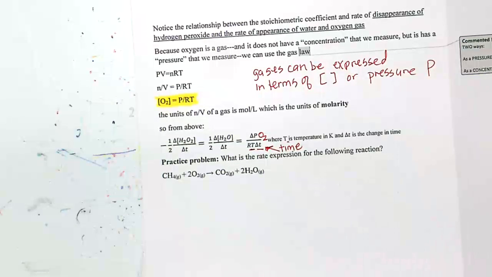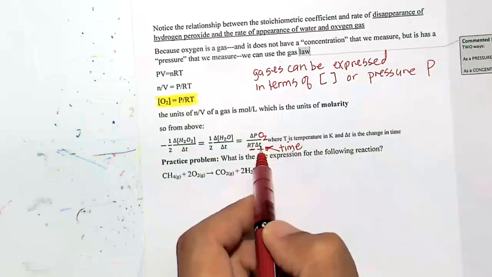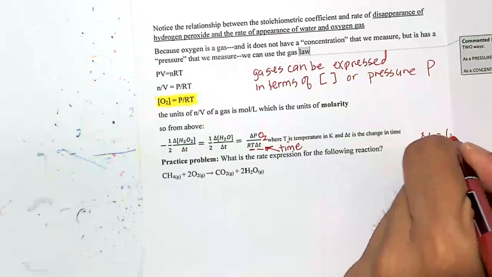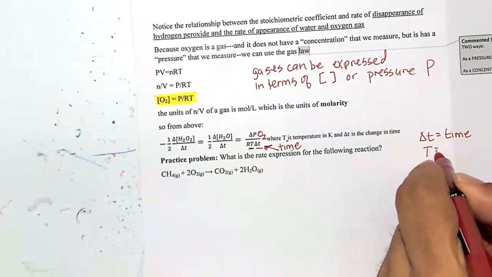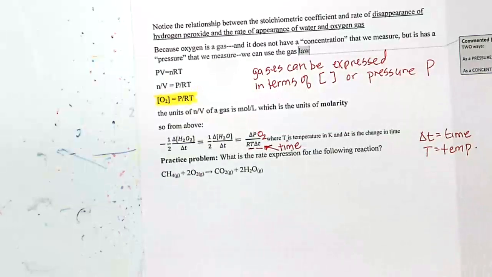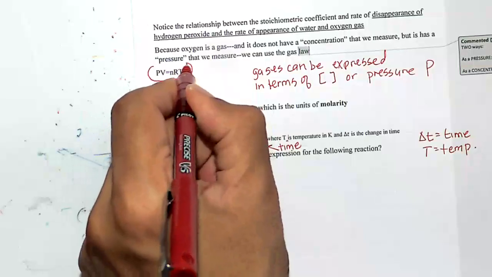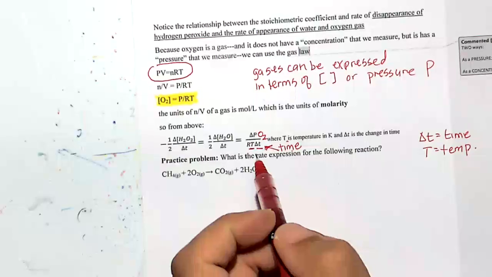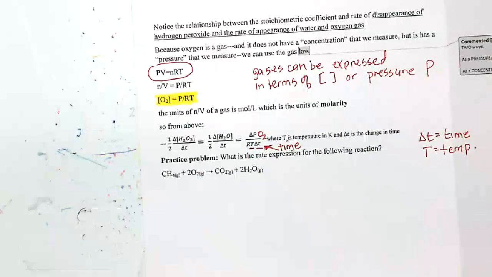So is it the RT or the RT delta T? Capital T is temperature, delta T is time. This stems from the ideal gas law, which we talked about way back in Chem 1. So for gases, you can use the change in concentration or the change in pressure.